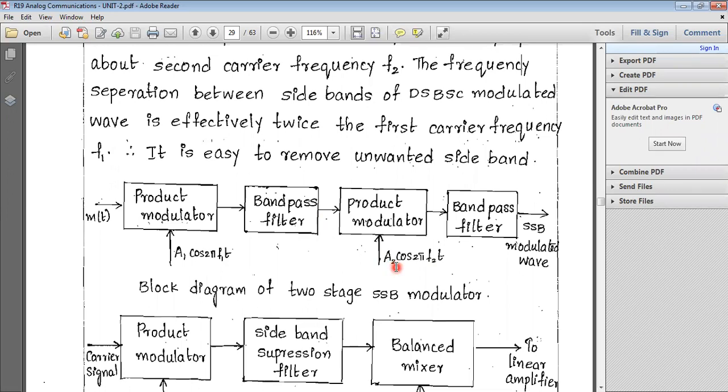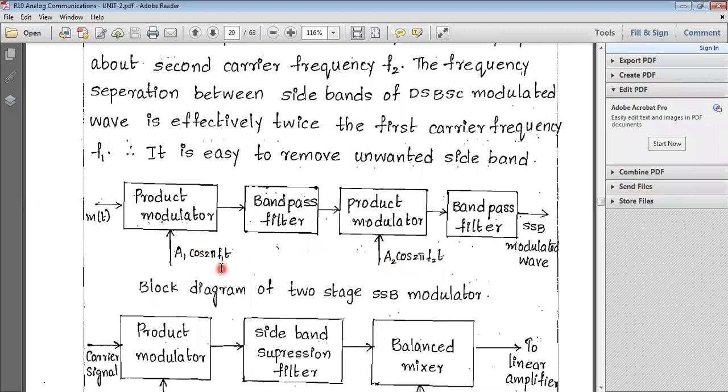So already we discussed in the previous class. Whenever we have a perfect Q factor, that is a good quality factor, then the circuit generates a good SSB modulated wave. So to increase the quality factor, here we use two stages. That is, the difference between the modulating signal and the carrier signal increases by putting two stages. Already I discussed with an example.